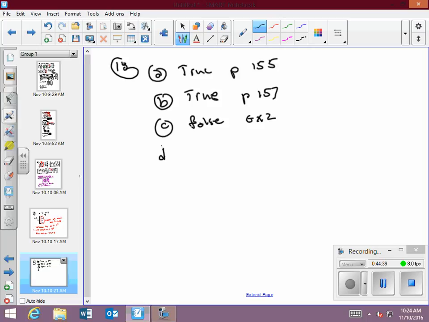And D says the dimension of the column space of A is rank A. And that's true.